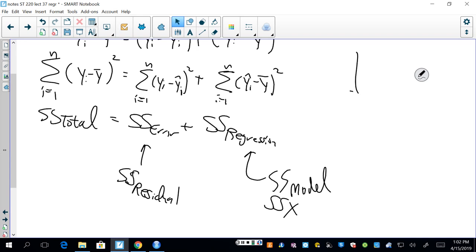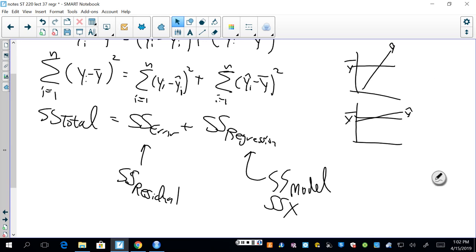So a picture here, versus, so this is y bar, this is y bar, and this is the y hat line. In this case, the sum of squares regression is big. In this case, the sum of squares regression is small.